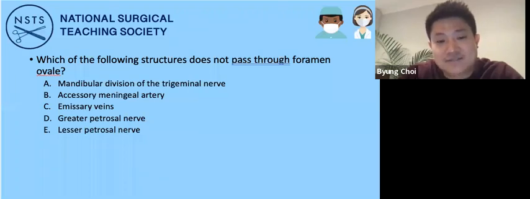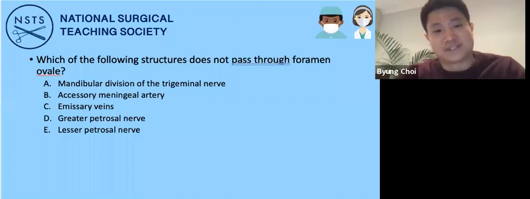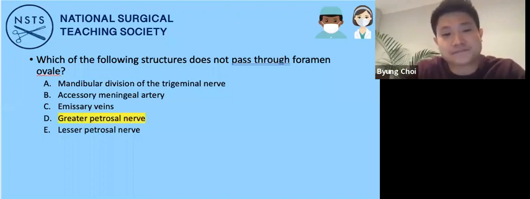A for accessory meningeal artery, so that passes through it, so it can't be B. L is for lesser petrosal nerve, and E is for emissary veins. So here, G isn't part of OVALE, and so the answer to this question would be D, greater petrosal nerve.